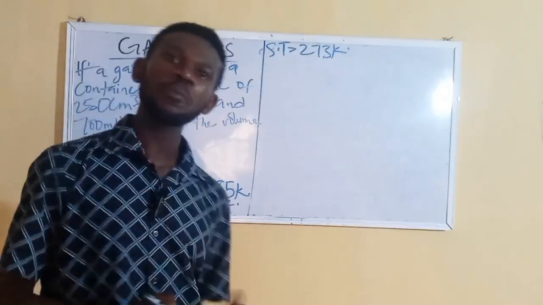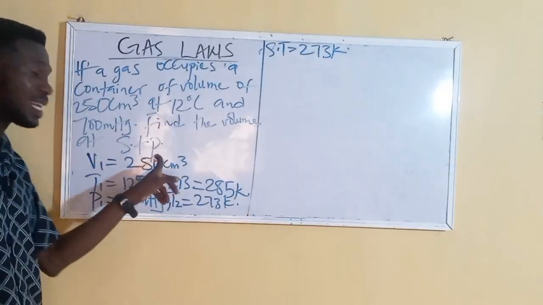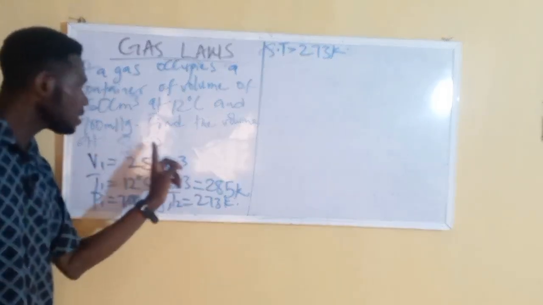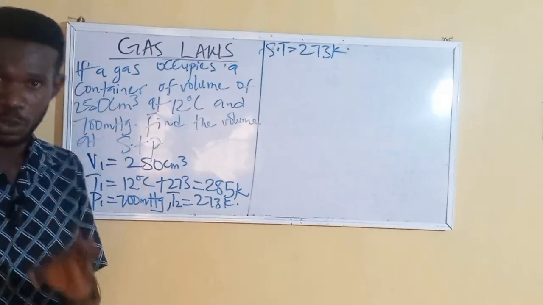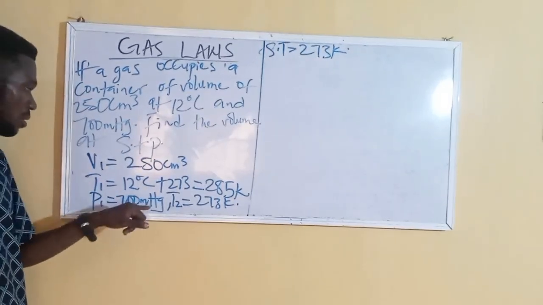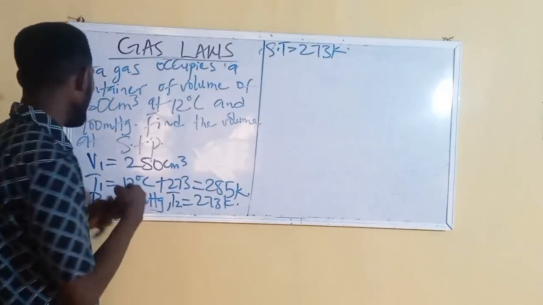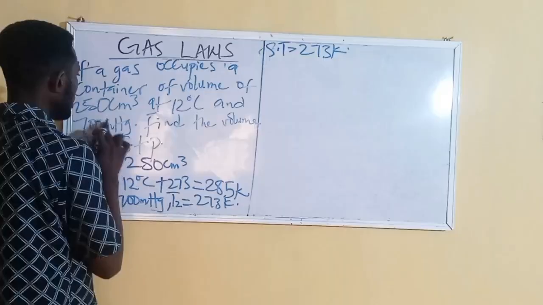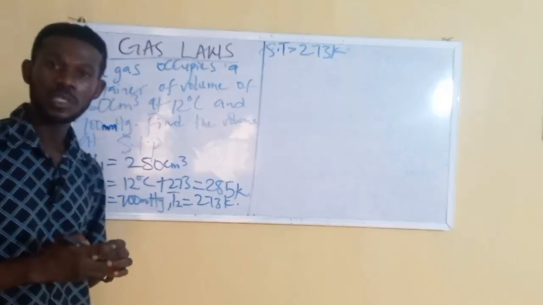Now, what's going to be your P2, which is your new pressure, your standard pressure? Your standard pressure is going to be dependent on the units here, which is 700 mmHg.